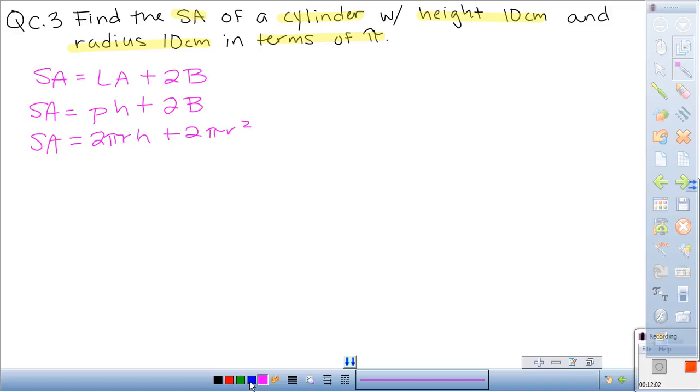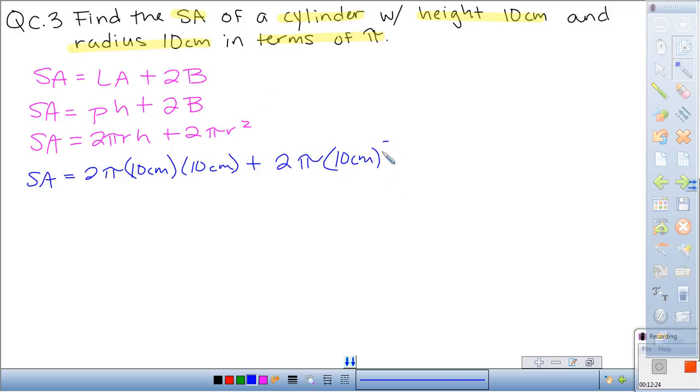Finally, I can plug in my numbers. Surface area equals 2 pi times radius here is 10 centimeters times the height, which is also 10 centimeters, plus 2 pi times the radius squared. Radius is 10 centimeters squared. Now we need to simplify.